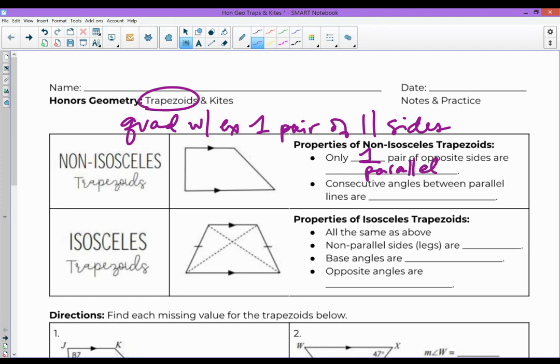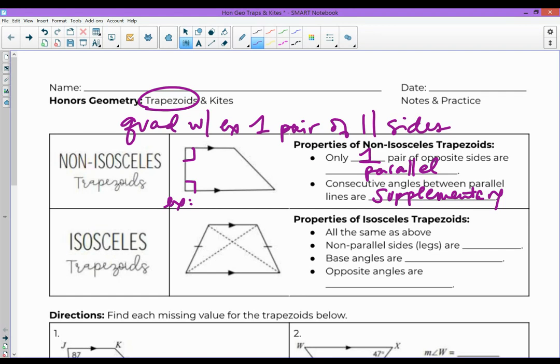And the consecutive angles between parallel lines are supplementary. So that would be, for example, this 90-degree angle and that 90-degree angle would be supplementary. So that's just an example. And then we have isosceles trapezoids.